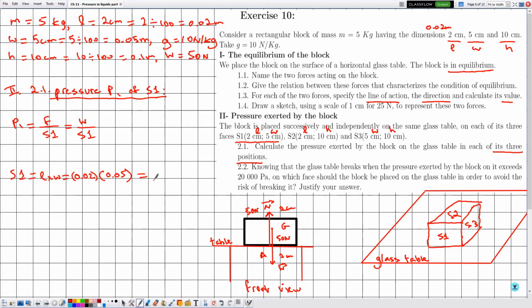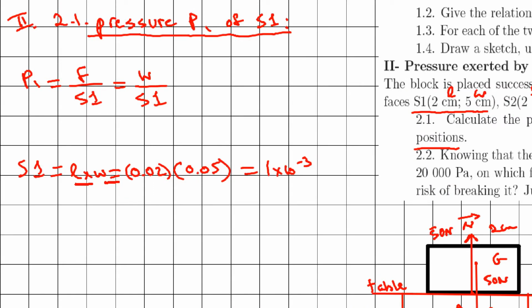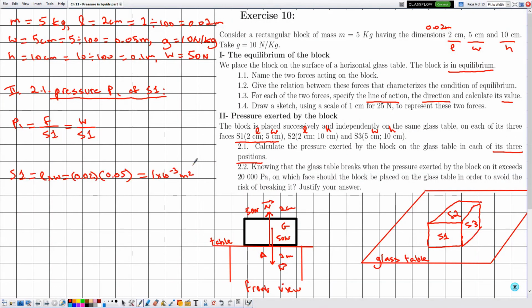Plugging this into the calculator, the value of S1 is 1 times 10 to the power minus 3. Since the length and the width are expressed in the SI, meter and meter, the value of S1 will be expressed in meter square. Now in this case, 50 divided by 1 times 10 to the power minus 3, then the value of the pressure is 50,000.